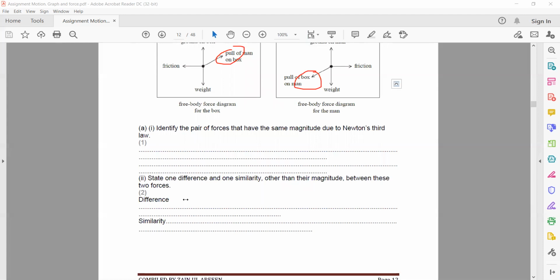So the difference is their direction, and the similarity is they are the same type of forces, or you can say the same line of action, or you can say they act at the same time.